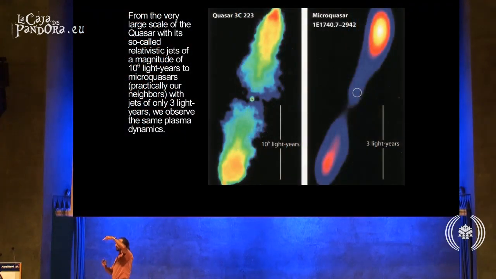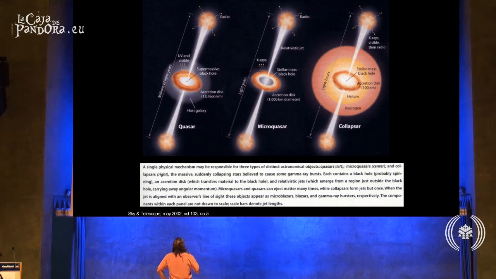And when they look at it very closely, it seems like it's spinning at the speed of light as it approaches the black hole. So again, we're finding the same dynamics. Now this is a microquasar. Those are found inside a galaxy. And again, you get these vortices, but now it's 3 light years long. So, the same dynamics in each fractal function.